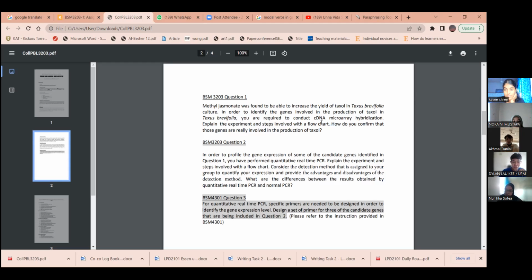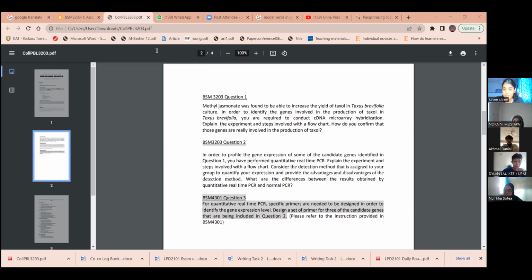Does anyone have any other suggestion? If no, then we can move on to question number 2. I think maybe as for now, we stick to these 2 suggestions first. Maybe later on, when we take some time for more research, if anybody has any more suggestions, we can update it on the WhatsApp group.